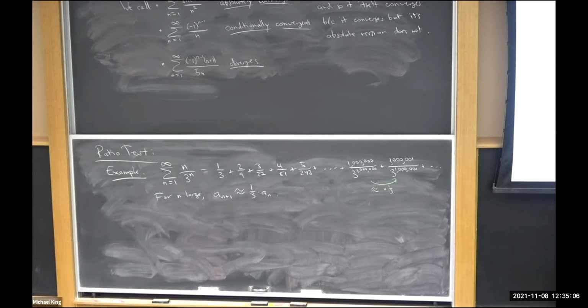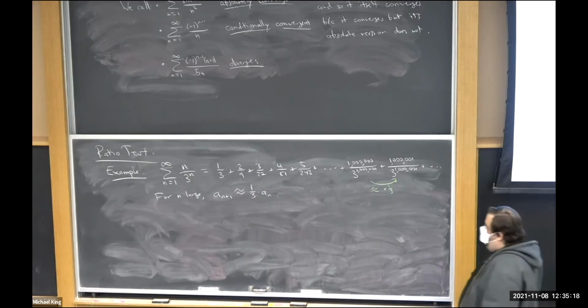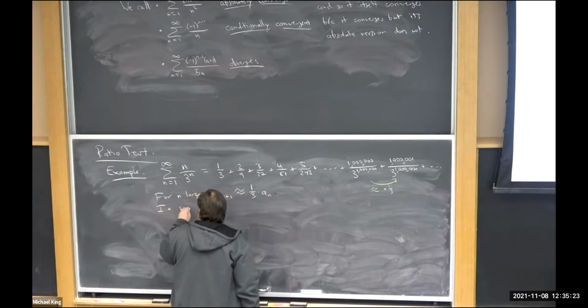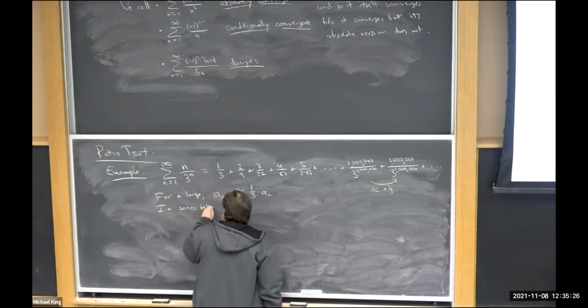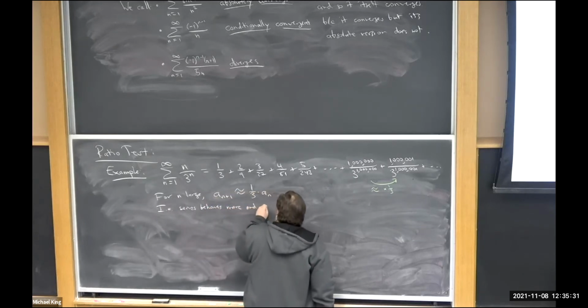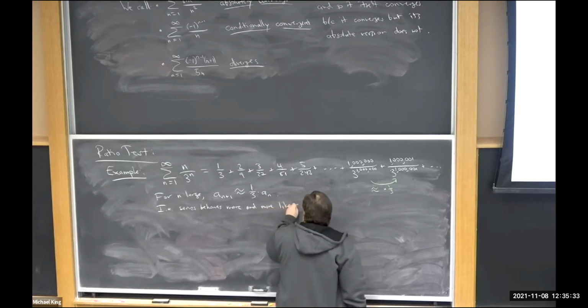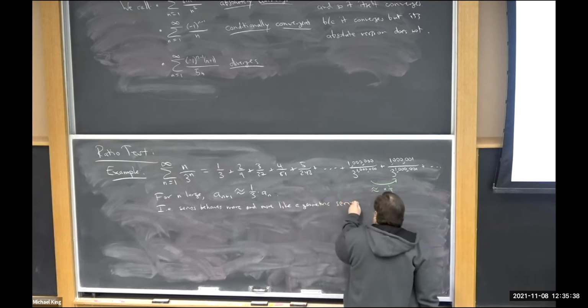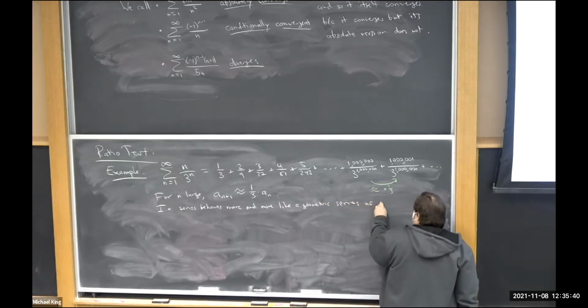But then that's just like a geometric series with r equals 1/3, i.e., the series starts to behave more and more like a geometric series as n gets larger.